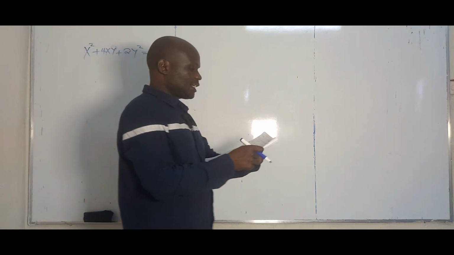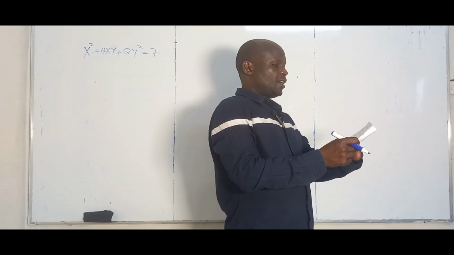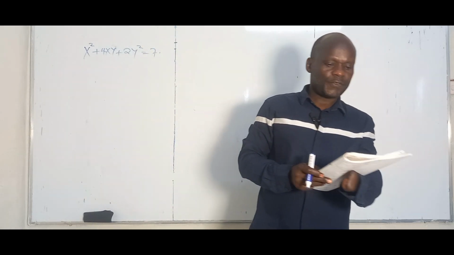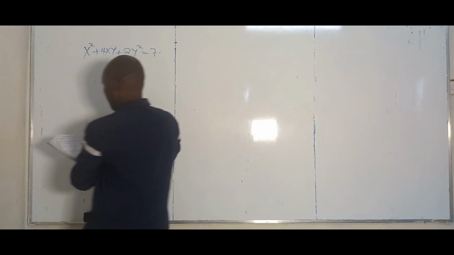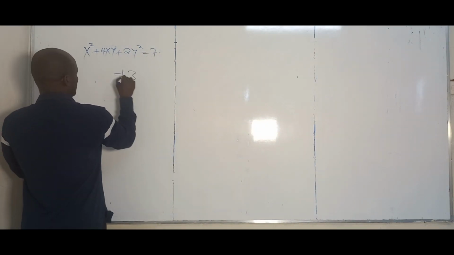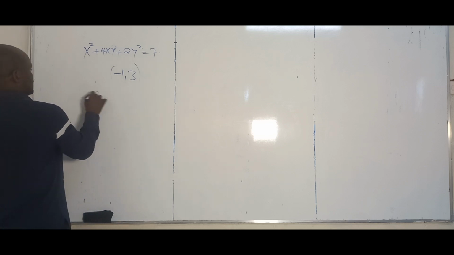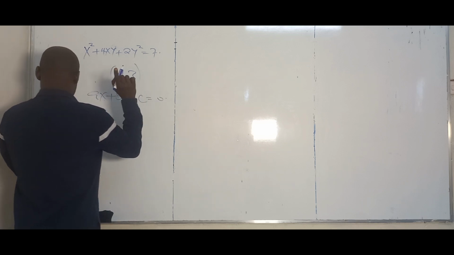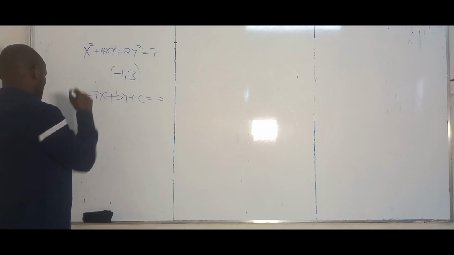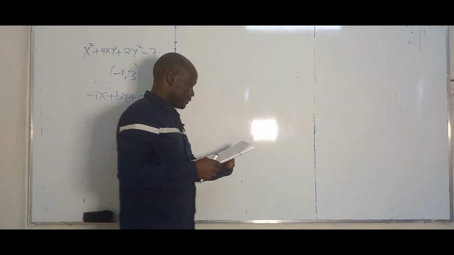Find the equation of the tangent to the curve at the point negative 1, 3, and give our answer in the form ax plus by plus c is equal to 0, where a, b, and c are integers.